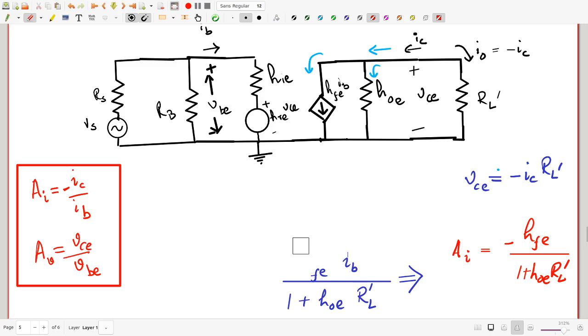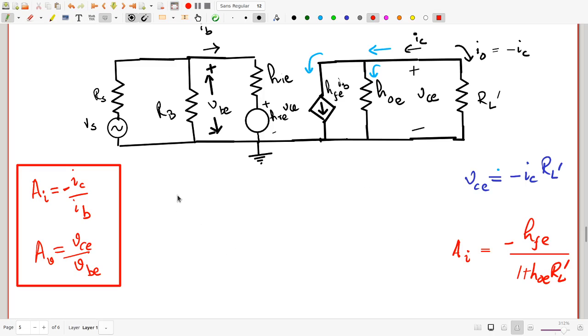Well, I already know what IC by IB ratio is. In fact, even if I forget, I can read it off from this AI expression. AI, remember, is minus IC by IB. So all you have to do is just drop the minus sign and you get IC by IB. So this part is done.